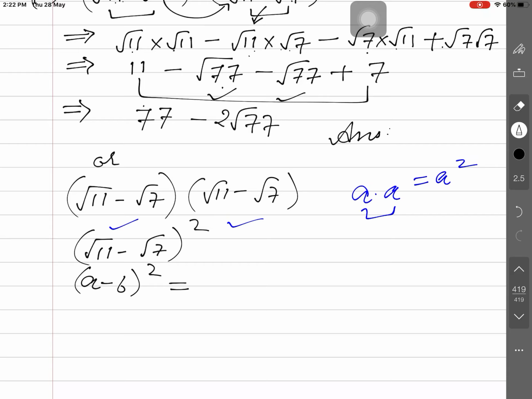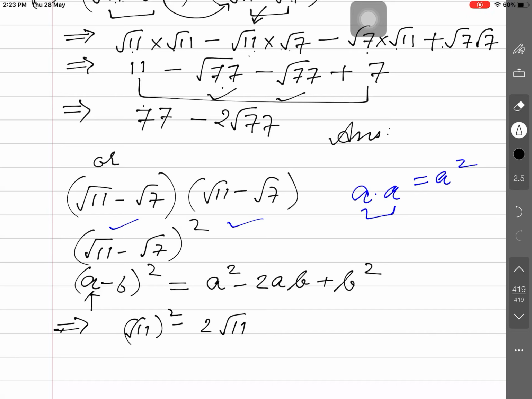So the expression is first term square minus 2 times first term into second term plus second term square. Is that clear? So this expression can be written as root 11 whole square minus 2 times first term into second term plus the second term whole square. This is the formula.